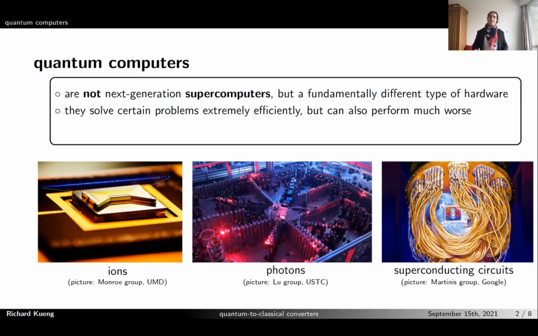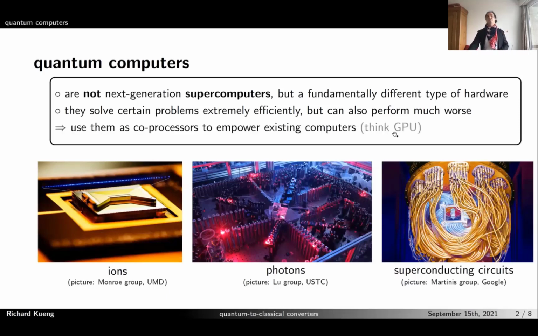But at the same time, they turn out to be much, much worse for actually most of the computational tasks we could ever be interested in. So you should really view quantum computers as co-processors that have the ability to empower existing computing architectures in specific tasks. A useful analogy is, for example, a graphic card in your laptop, that is a special purpose coprocessor that helps your laptop resolve graphics, but not much else.